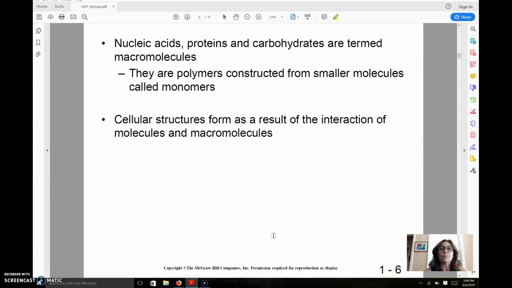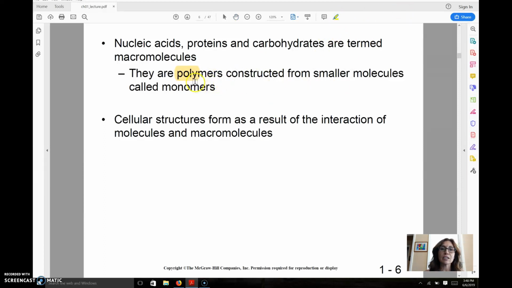So nucleic acids, proteins, and carbohydrates are all called macromolecules. Macro meaning large, and molecules for molecules. You can also call them polymers. Poly for many, and then mers for repeating units.